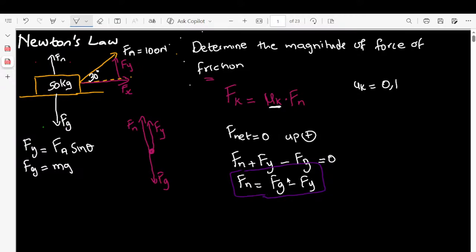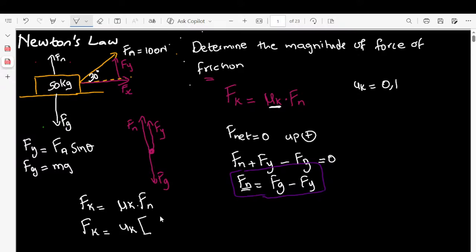Né? So now we have the normal force. Let's take the normal force and substitute it in the formula above. You know what I'm going to do? We're going to say this will be Fk, it's equals to Uk multiplied by Fn. But look at what is Fn equals to. We know what is Fn equals to, so we're just going to substitute Fn there. We're going to say Fk is equals to Uk.